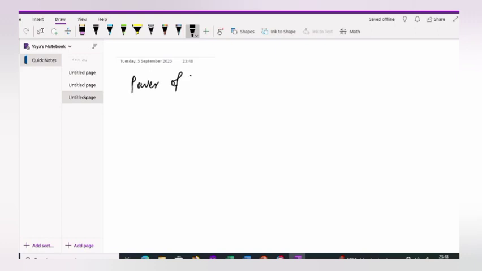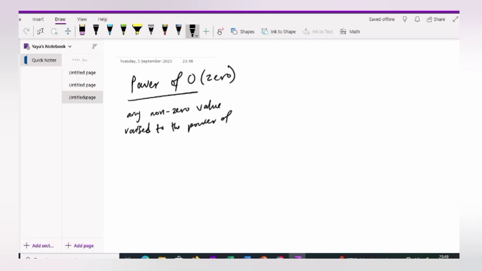It says that any non-zero value raised to the power of 0 is equal to 1.